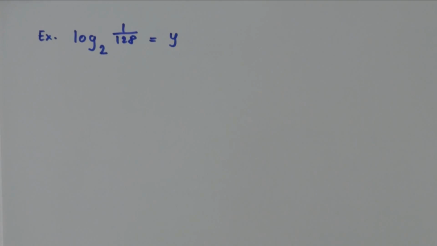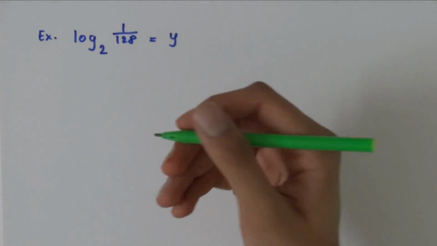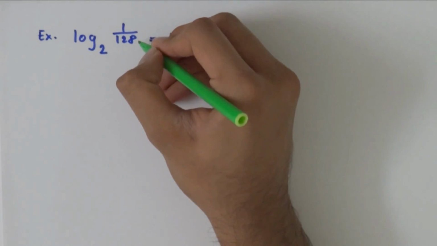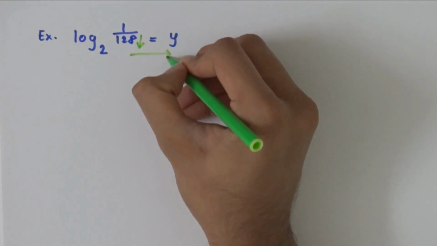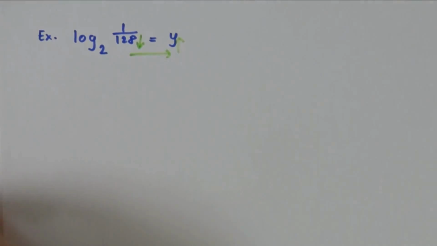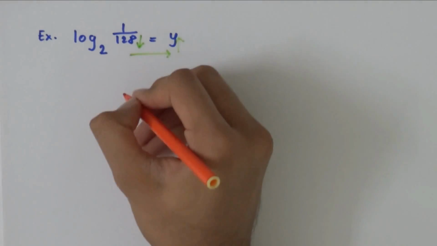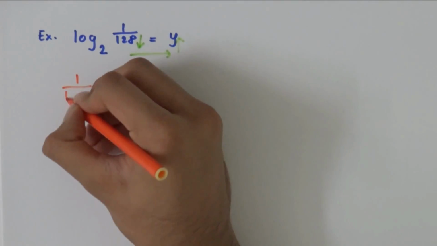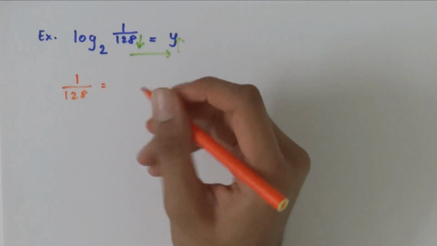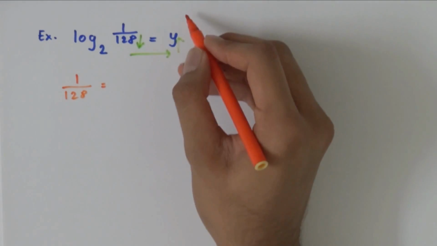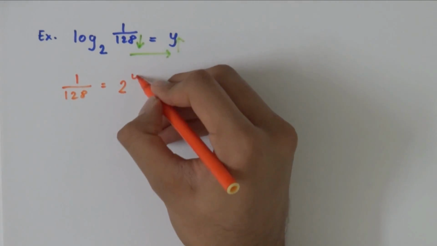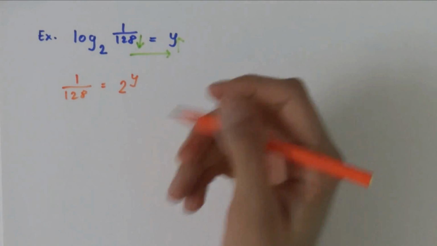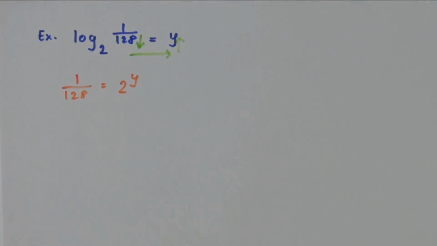Using a simpler form of pushing stuff down, let's try that. 1/128 goes down, pushes 2 to the other side, and raises y. So it turns out 1/128 is alone, it goes down, is equal to y raises up, 2 goes to the other side, 2 to the power y. That's it. We just need to convert 128.